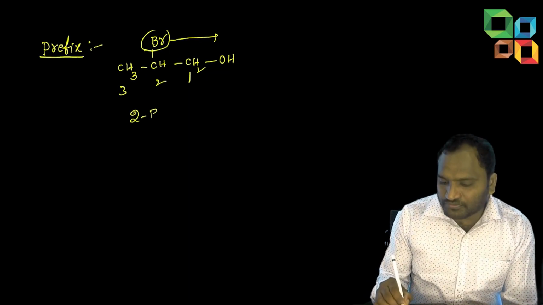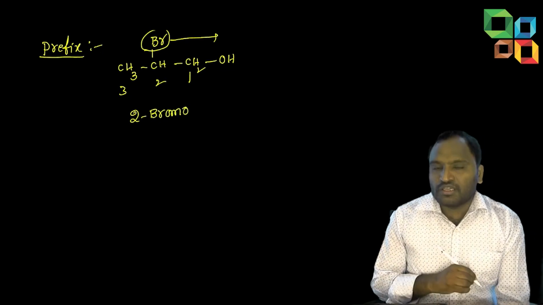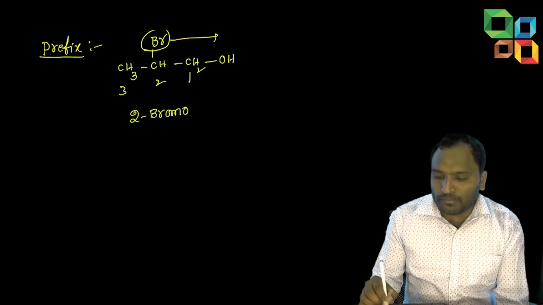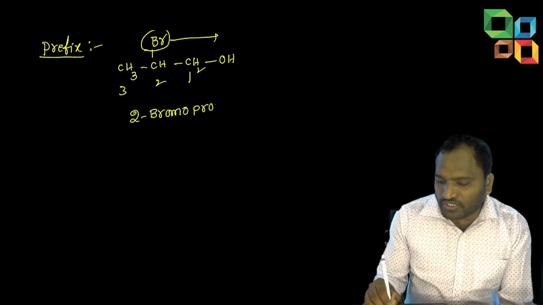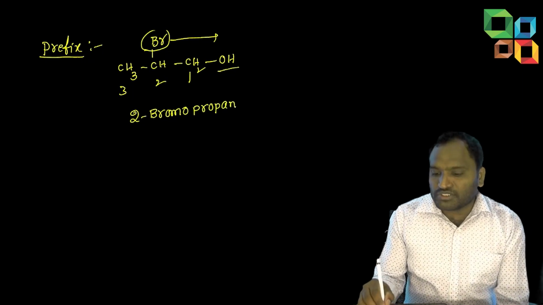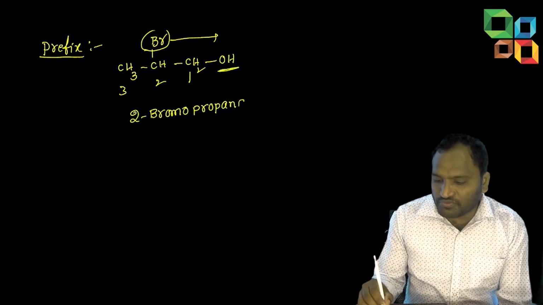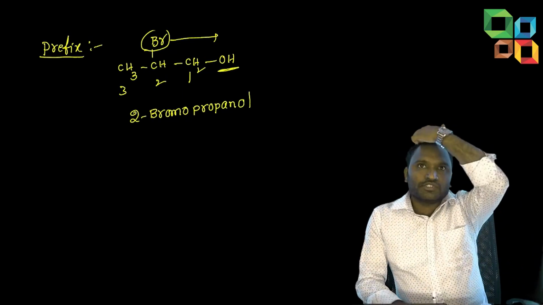For this, from the functional group we will use the number. 2-bromo. The prefix we have to write first. In which position is the bromine? Second position. 2-bromo. How many carbon atoms are there? 3. So the root word is propane. The functional group is OH, so the suffix we write is propanol. Understood?